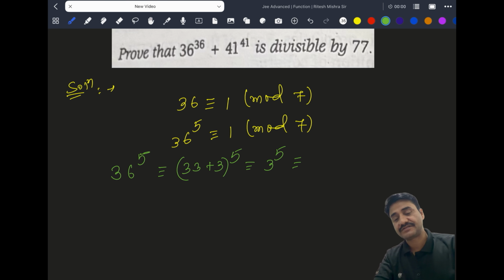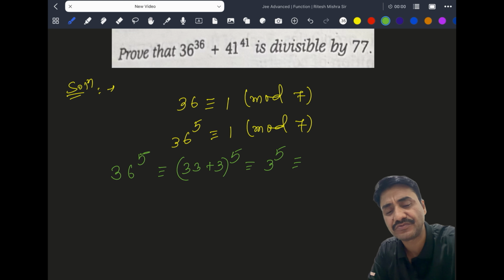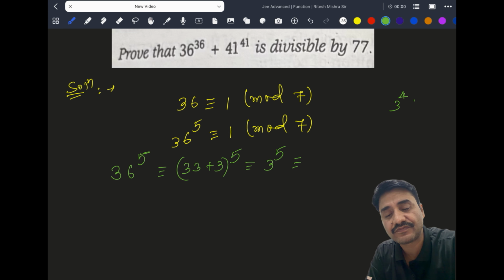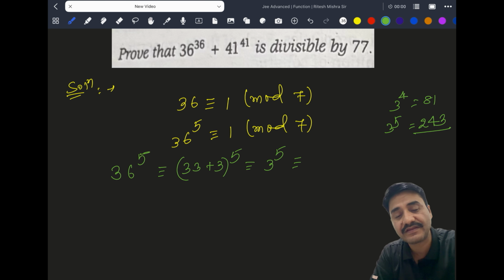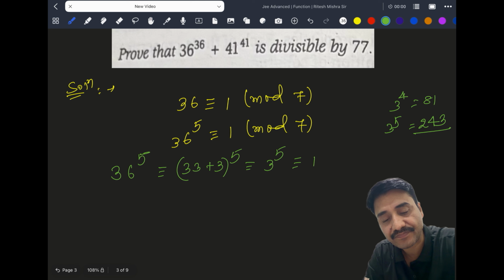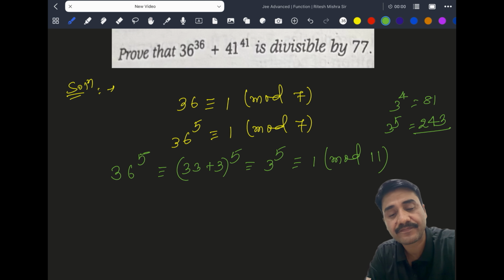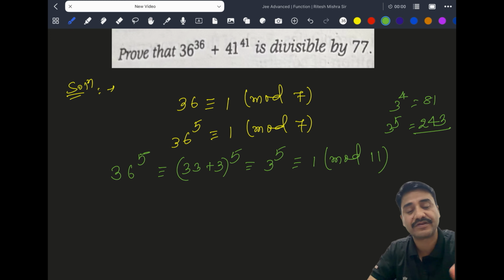Can you imagine? 3 raised to 4 is nothing but 81, so 3 raised to 5 is nothing but 243. When you divide this by 11, it leaves remainder 1 modulo 11, because 22 carry to 23 divided by 11, remainder is 1.